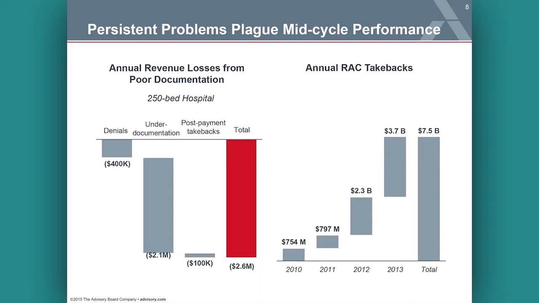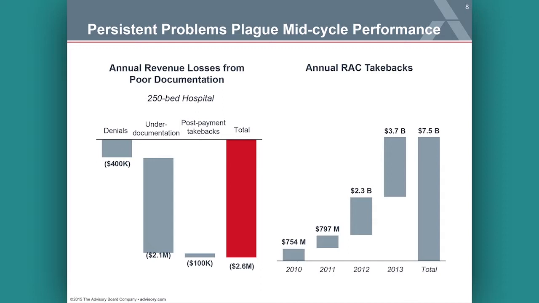About $2.1 million in under-documentation related under-reimbursement, as well as about $100,000 in post-payment takebacks. And if you were to try to quantify the additional pain that they're feeling because of things like lower acuity, worse quality metrics, et cetera, it would be even harder to quantify all of that loss.